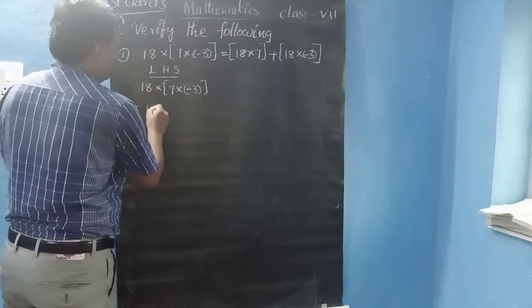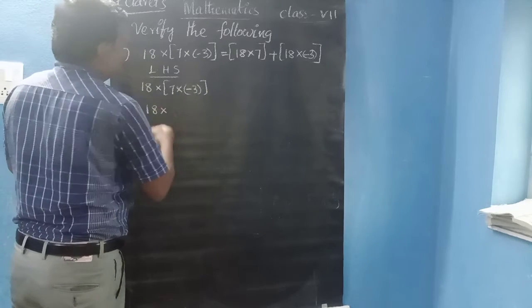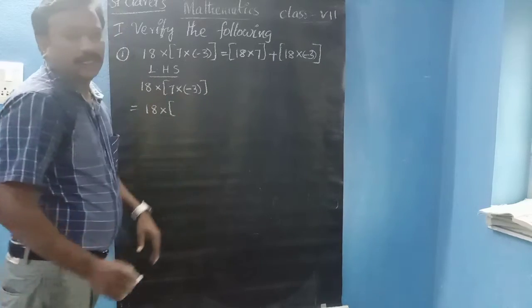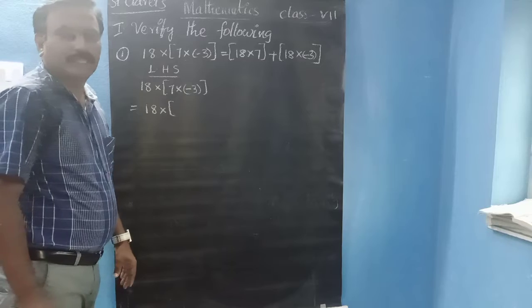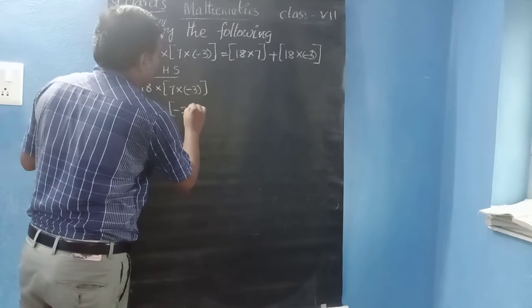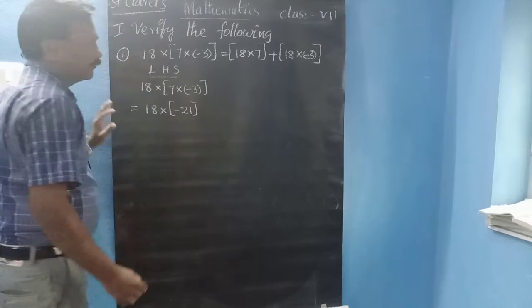So 18 into, 7 3's are 21, minus 21. Okay children?